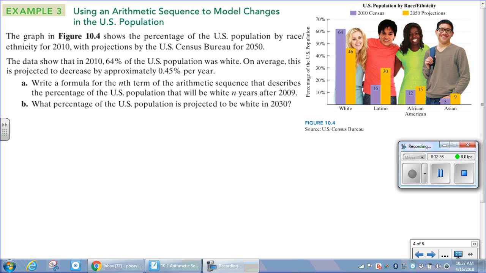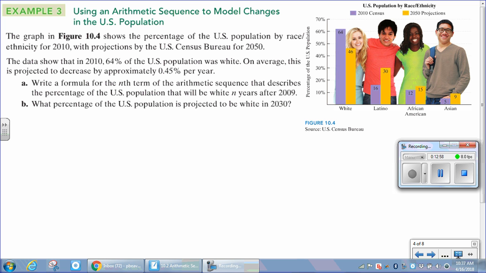The data show that in 2010, 64% of the U.S. population was white. On average, this is projected to decrease by approximately 0.45% per year.